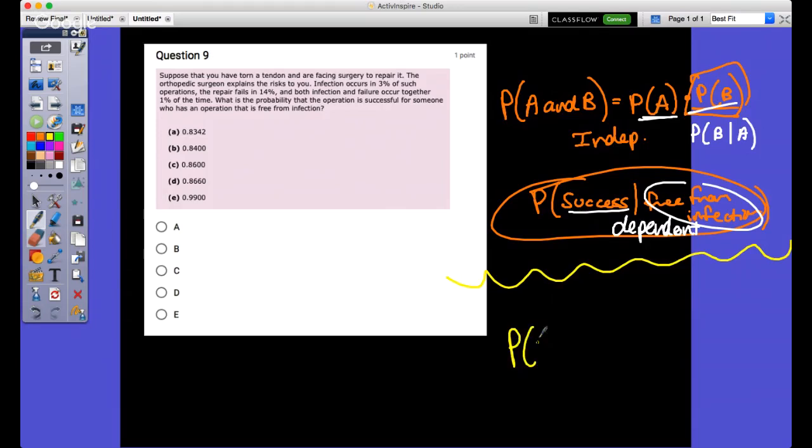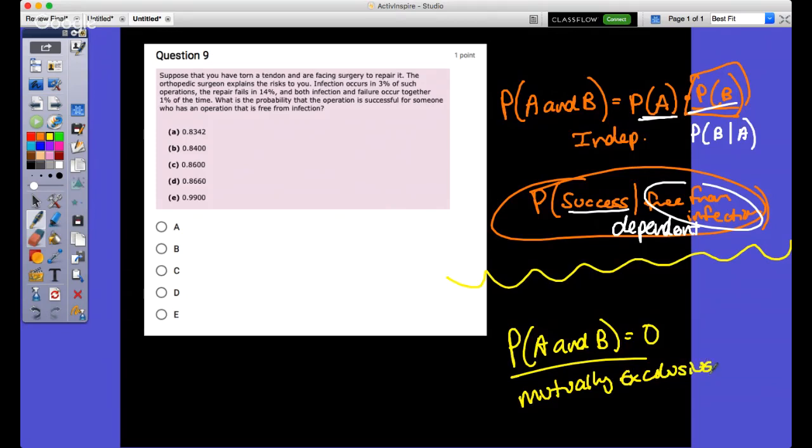Oh yeah, and also below this, this is the independence world, right? In a separate world, the probability of A and B is equal to 0. Well, what does that mean? That means this is mutually exclusive. You can't think of these as the same thing; think of them as separate things. Mutually exclusive simply means that these two events can't occur at the same time. Now, we know that the scenario up here was not mutually exclusive, but if it was, that would mean you would not be able to have both a failure and an infection.